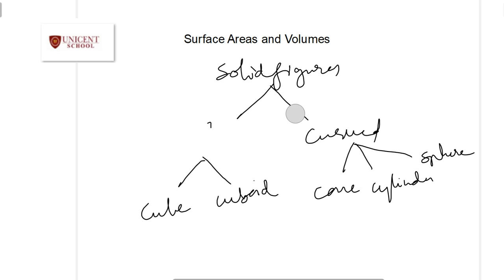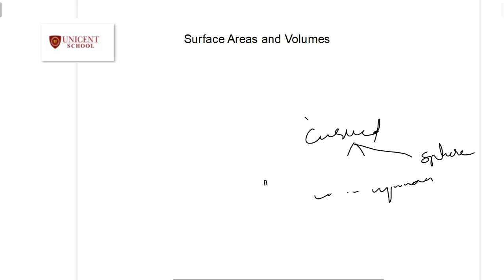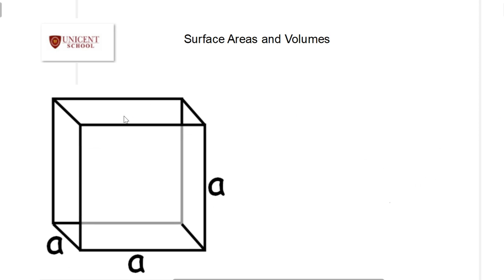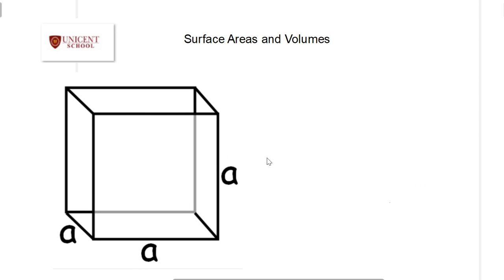So let us start with the first solid figure, that is a cube, which is the most familiar one. Let us take the figure of a cube, and we know that a cube is formed by 6 faces, and those faces are squares.